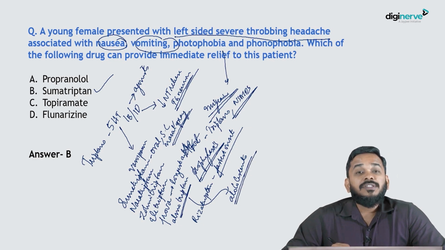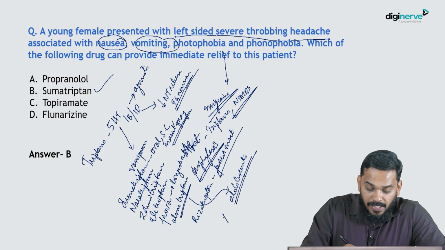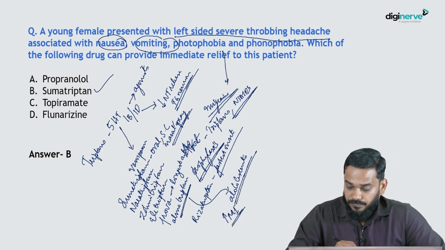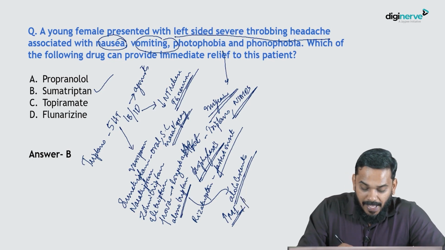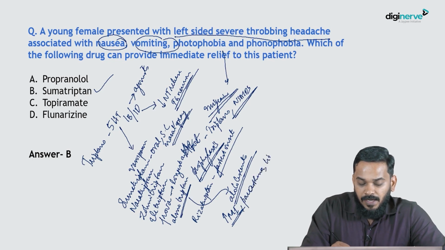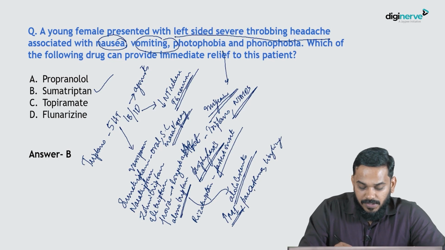The major adverse drug reaction of triptans are increased risk of myocardial infarction. Triptans can also produce paresthesia and tingling, which is collectively known as triptan sensation.